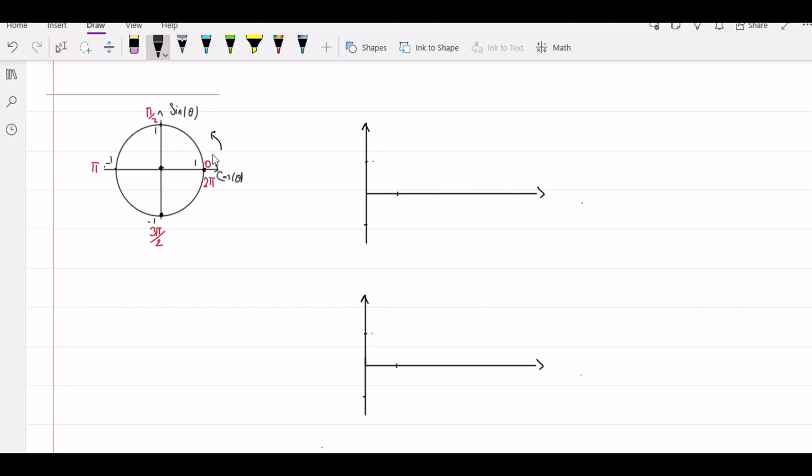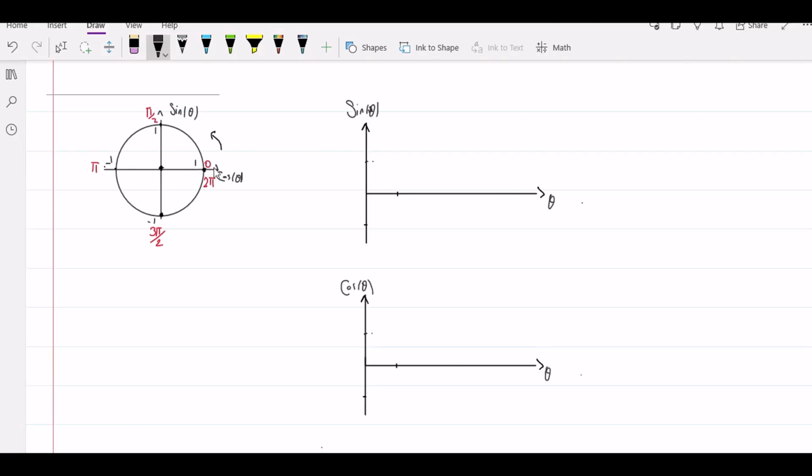Starting from 0, I'm going to name this graph sine of theta, and the x-axis would be theta. I'm going to name the graph below it cosine theta, and the x-axis would be theta. Starting from the 0 point, what is the sine value and cosine value at this point?